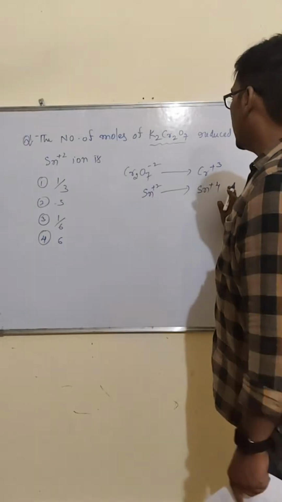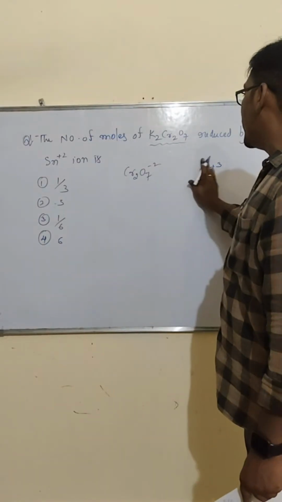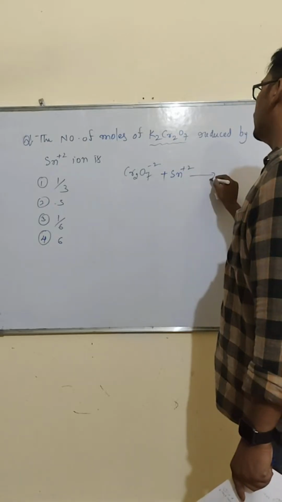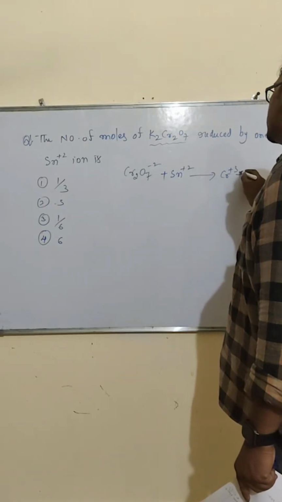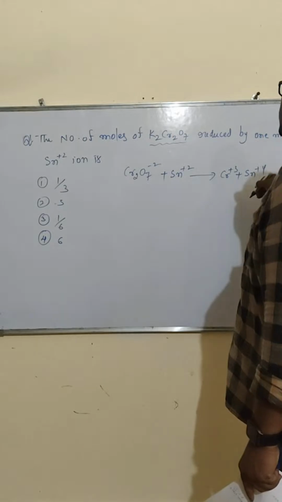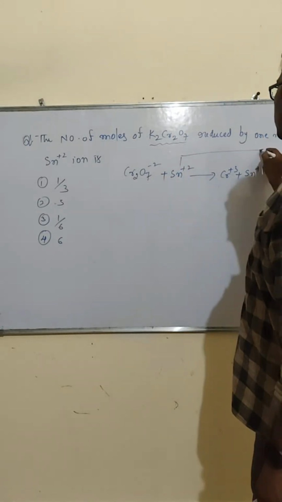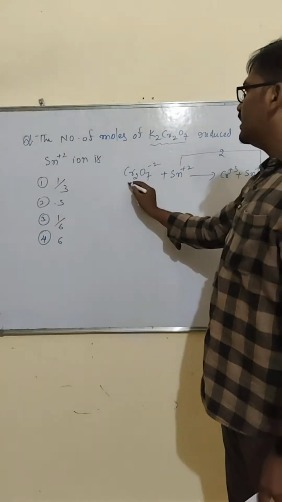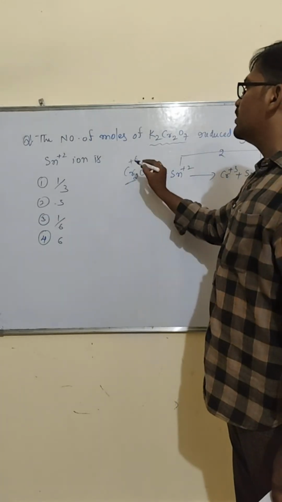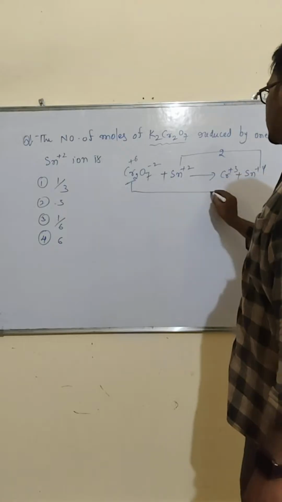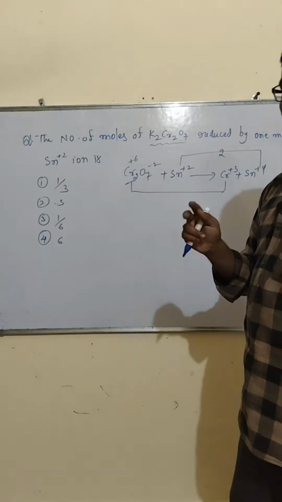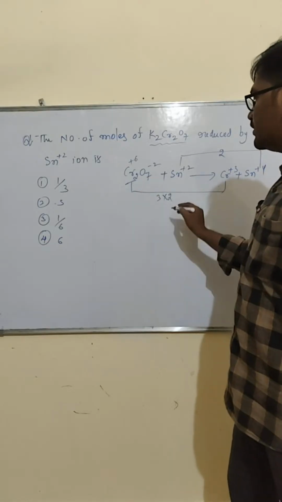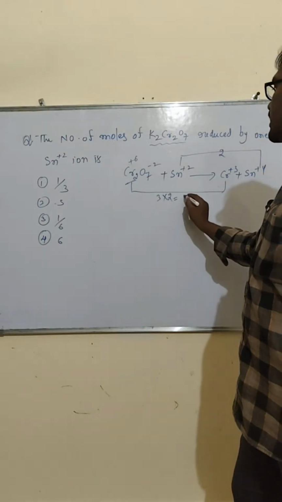Combining both, Sn plus 2 is converted into Sn plus 4, and Cr2O7 minus 2 into Cr plus 3. For Sn plus 2 to plus 4, the oxidation number change is 2. The oxidation state of chromium is plus 6, so plus 6 to plus 3 is a change of 3. But how many chromiums are there? 2 chromiums, so you multiply with 2 and get 6.